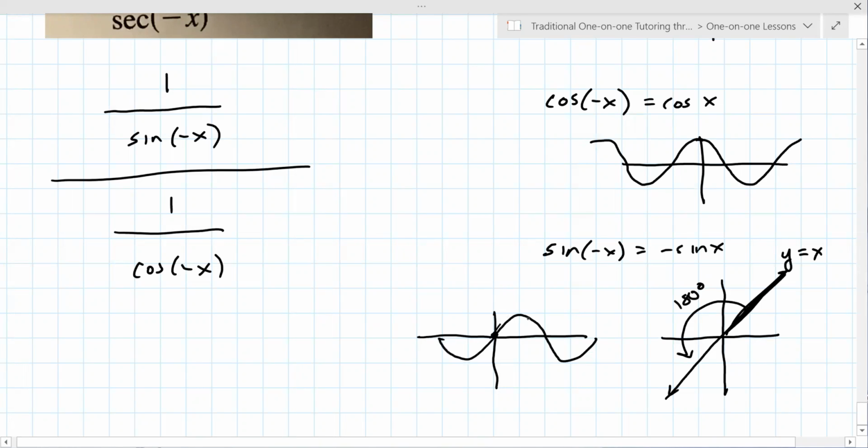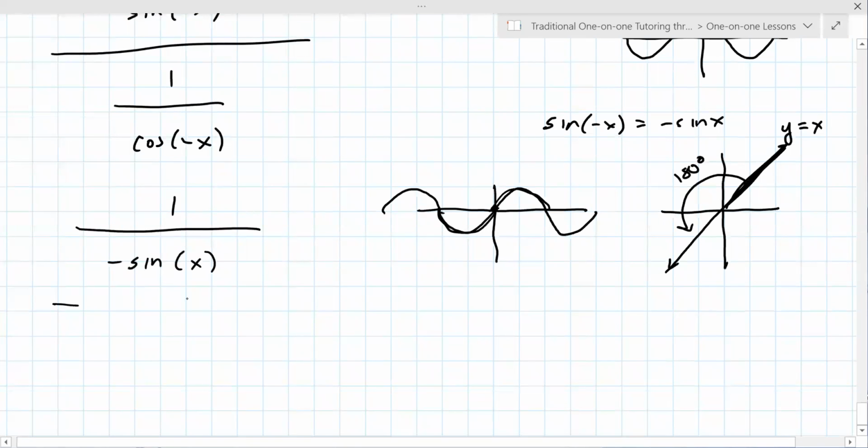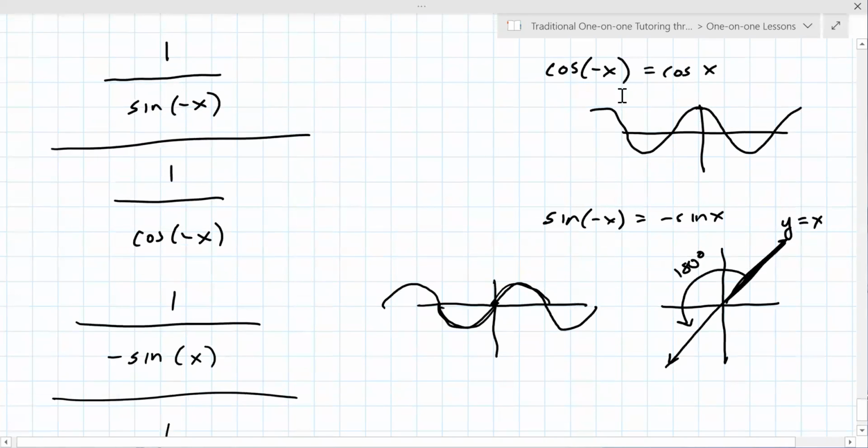You can see how this part is rotated down here, and similarly like that. So now that you know those things, you can actually do something about it. It's 1 over minus sine of x over 1 over cosine of x. So in one case, the negative comes out, and in the other case, it's consumed.